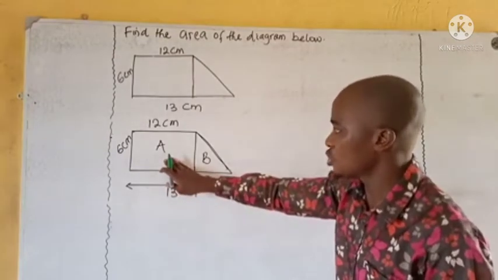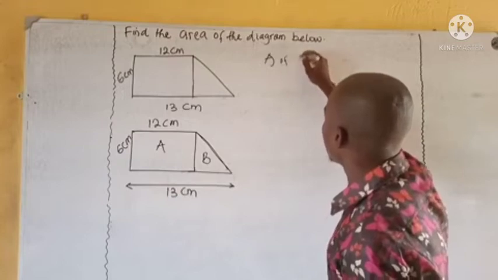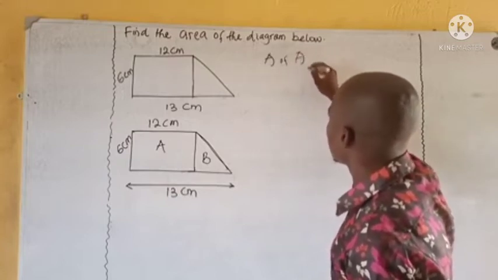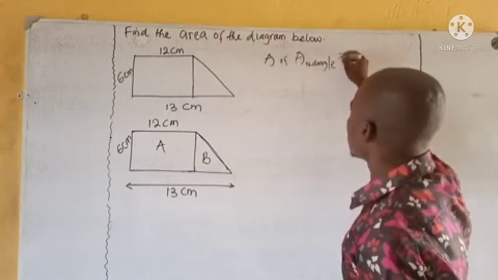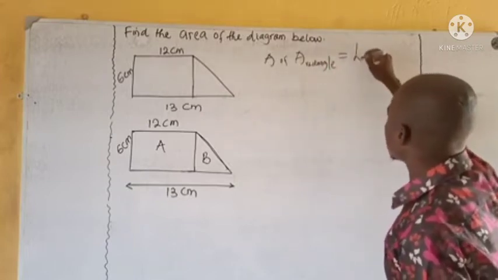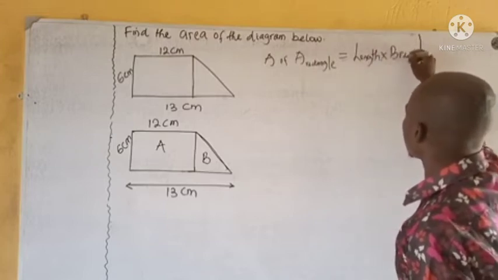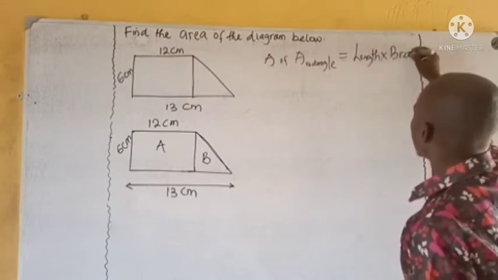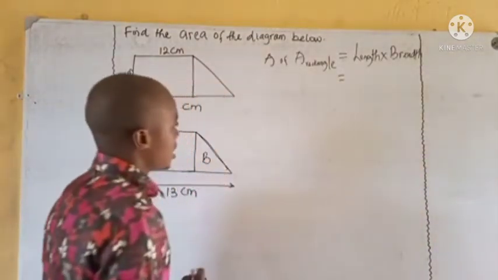That is, the area of A, the rectangle, is going to be length times breadth. What is the length here?